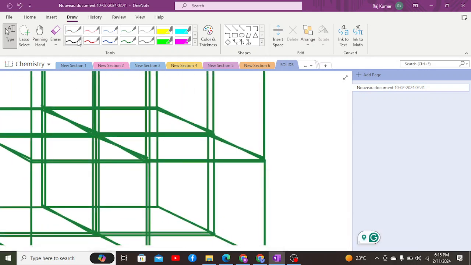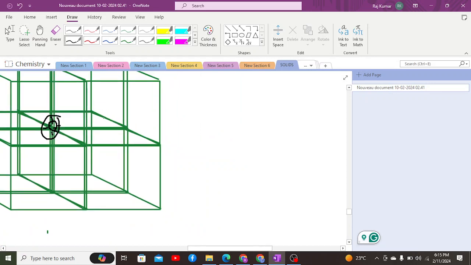Let's suppose this is the same corner over here. So that same corner will have one corner of this cubic cell, one corner of this cubic cell, one corner from front, one corner from behind, four corners on this side, and four corners of the other cubic cells from this side, from that cubic cell, that cubic cell, and that cubic cell, which means eight corners will share one single chloride atom.